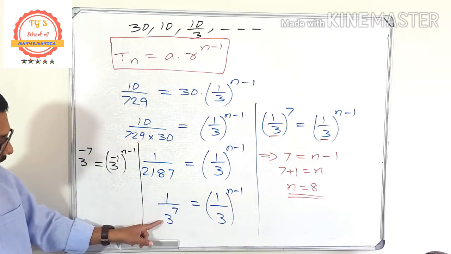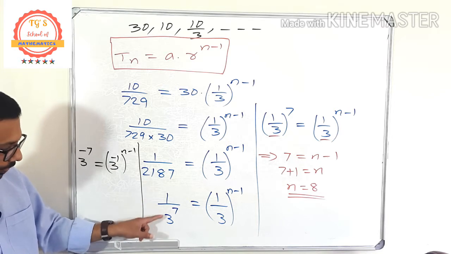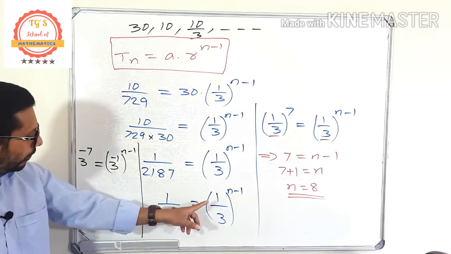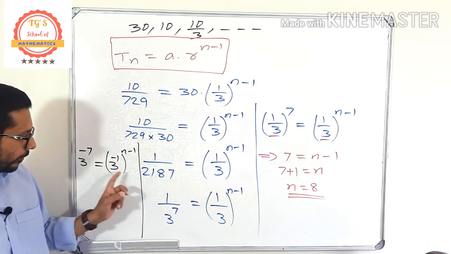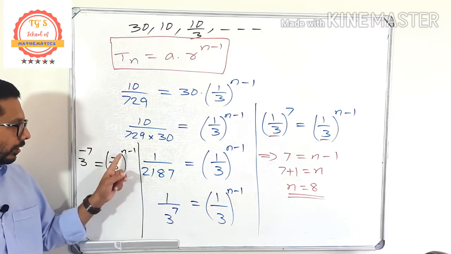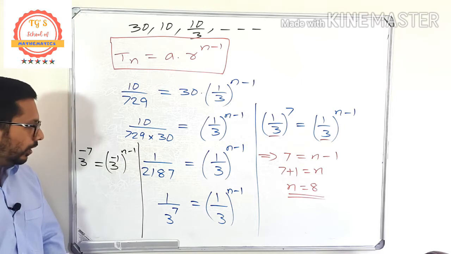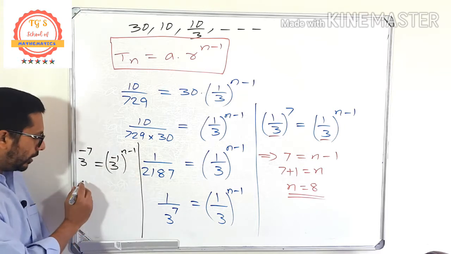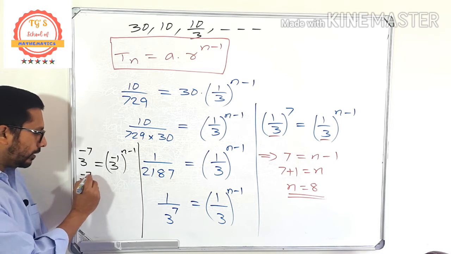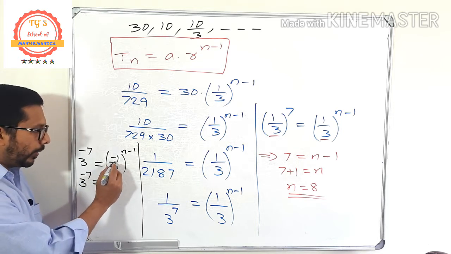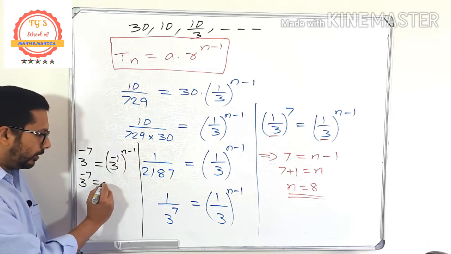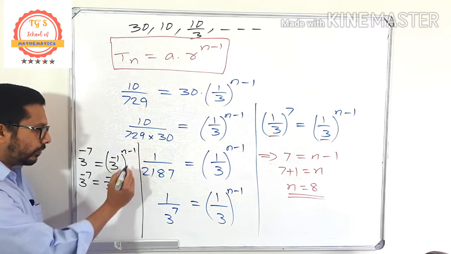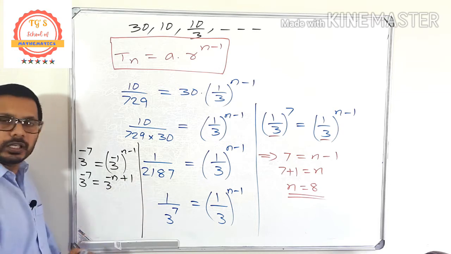So look at this one. 1 over 3 raised to 7 is the same as 3 raised to minus 7, and 1 over 3 is the same as 3 raised to minus 1, the whole raised to n minus 1. So now try to multiply this one, expand this one. That means 3 raised to minus 7 is equal to minus 1 into n, that is minus n, minus 1 into minus 1, that is plus 1.